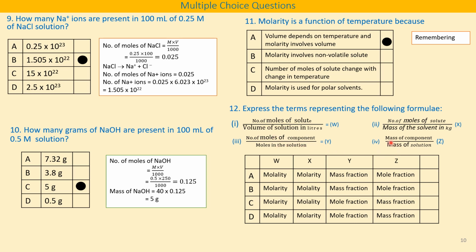And the fourth one is mass to mass, so it is a mass fraction. So W should be molarity, X should be molality, Y should be mole fraction and Z should be mass fraction. Therefore, answer C is the correct answer. Please mark it.